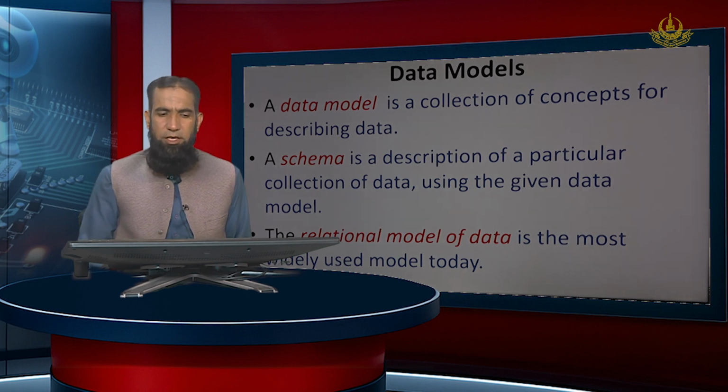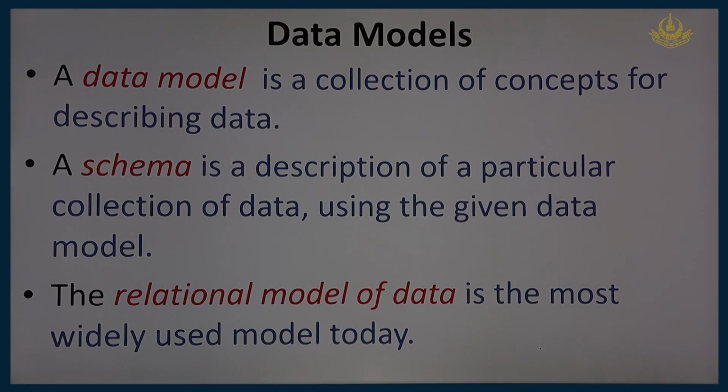Now what is a data model? A data model is a collection of concepts for describing data. A data model is basically a concept through which we elaborate or describe the structure of our database. What is a schema?